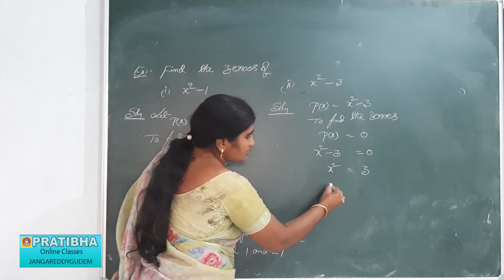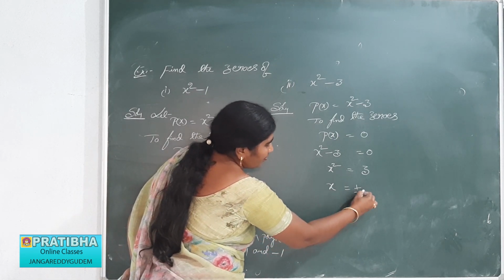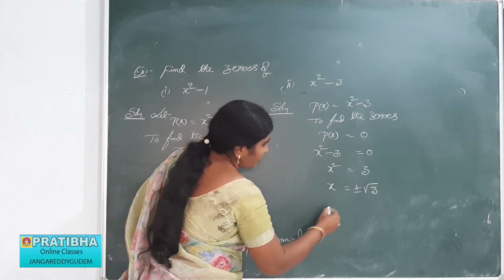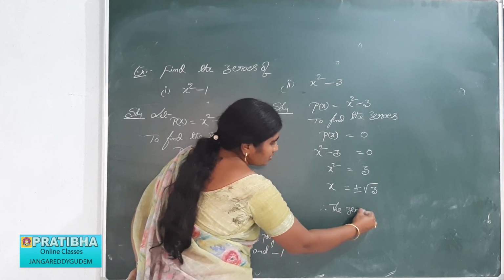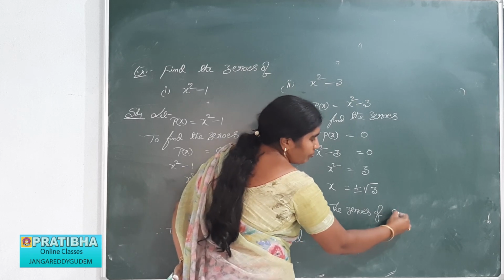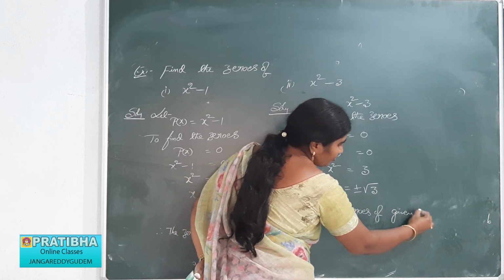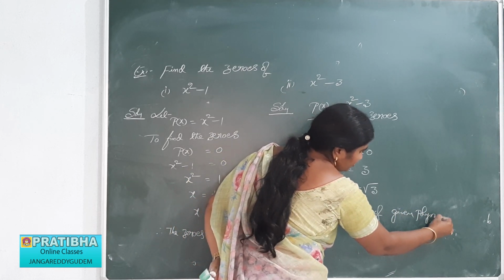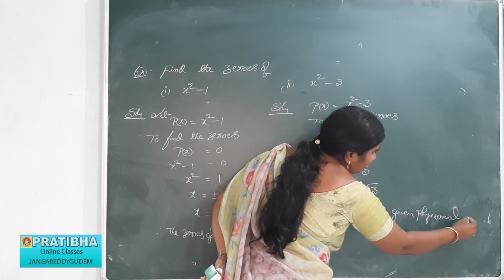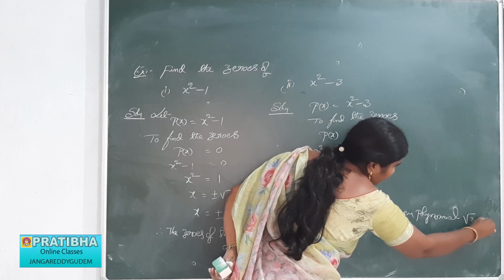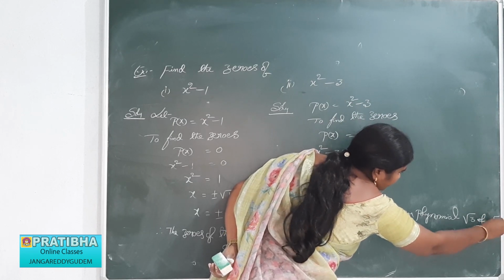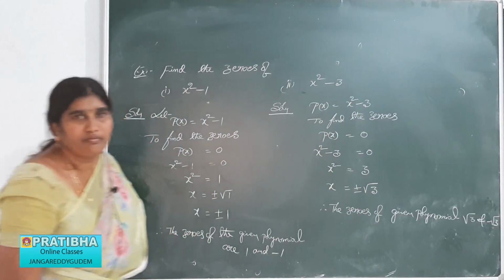Taking square root on both sides, then x equal to plus or minus root 3. Therefore, the zeros of the given polynomial are root 3 and minus root 3.